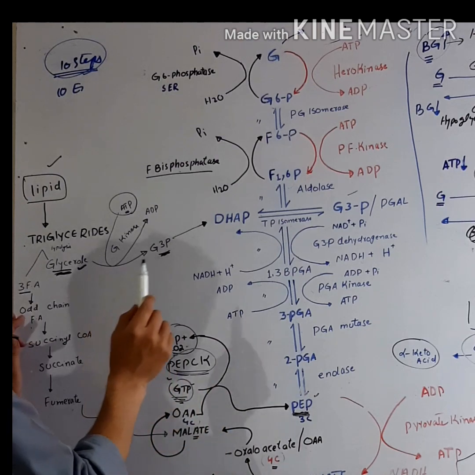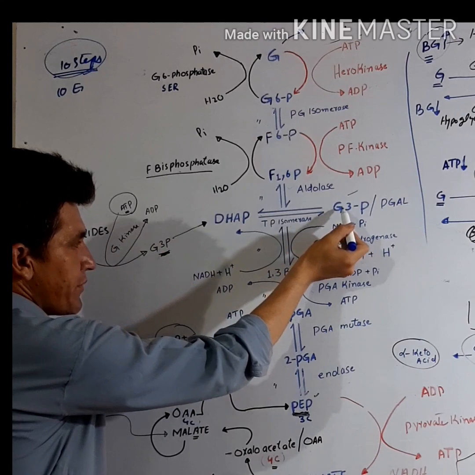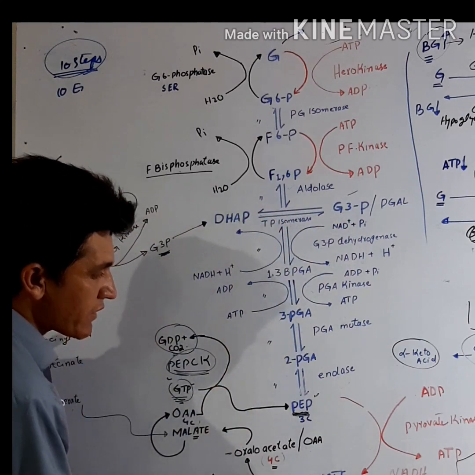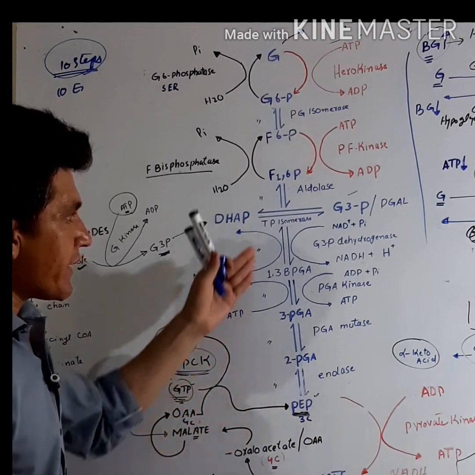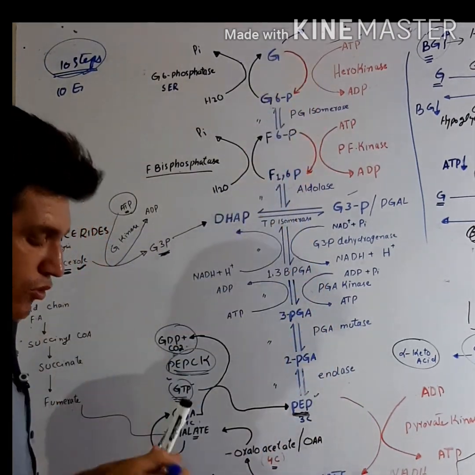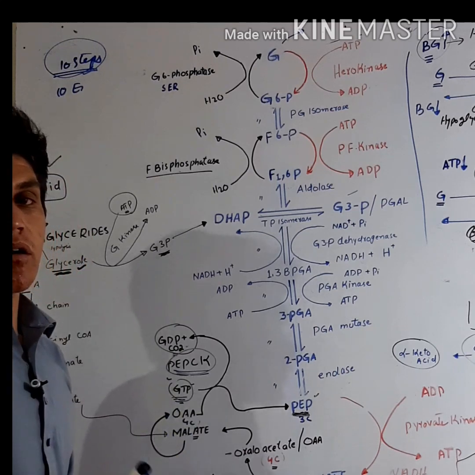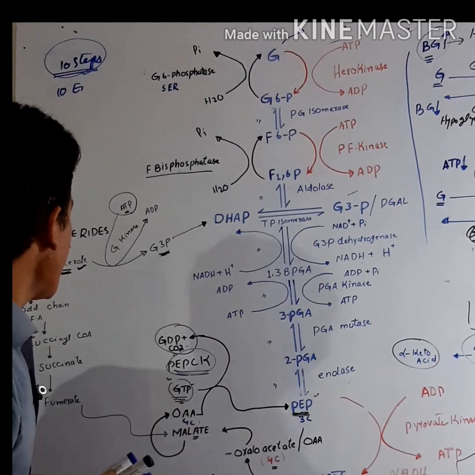But here this is important. When the glycerol is converted into G3P, it can move in this direction to go under glycolysis, or it can also move in this direction to go under gluconeogenesis. This is very important.